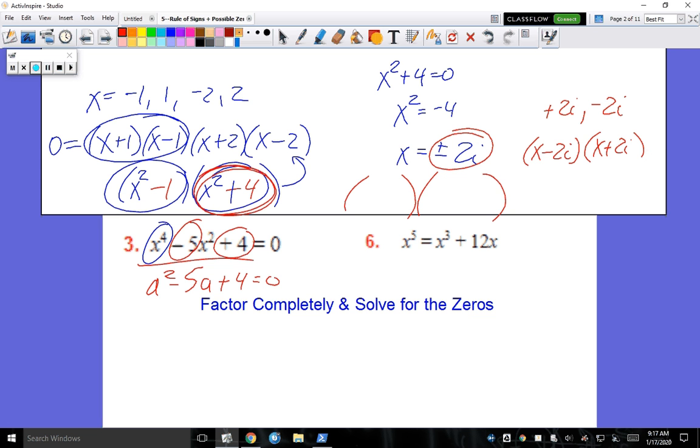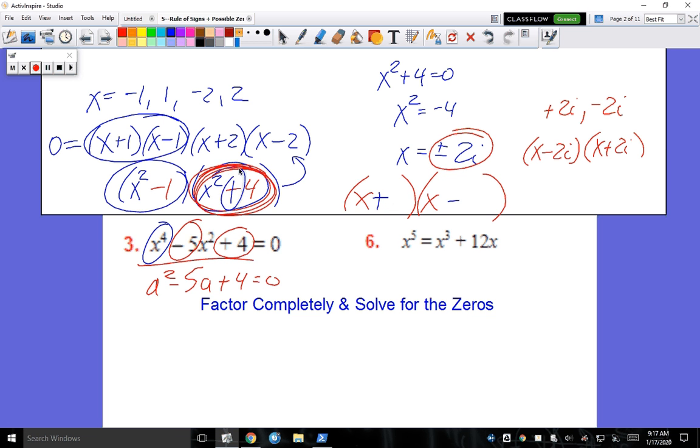I just don't show people this per se when I'm teaching you, because some people get it, but a lot of people don't. I see this as a sum of squares where it's still going to be x, but instead of plus minus a number, it'll be plus minus imaginary numbers. You see what I'm saying?